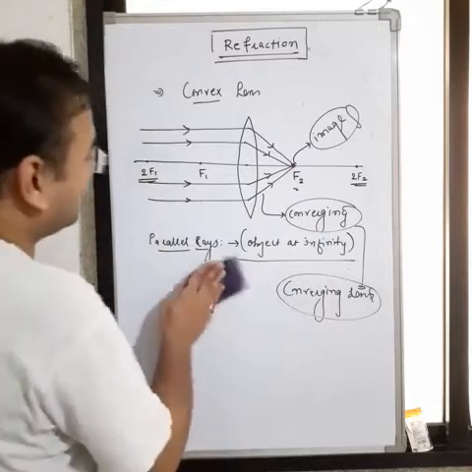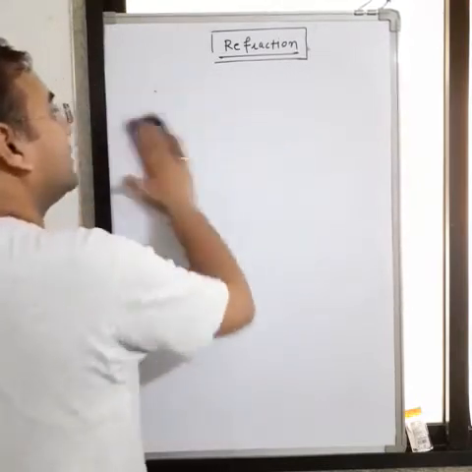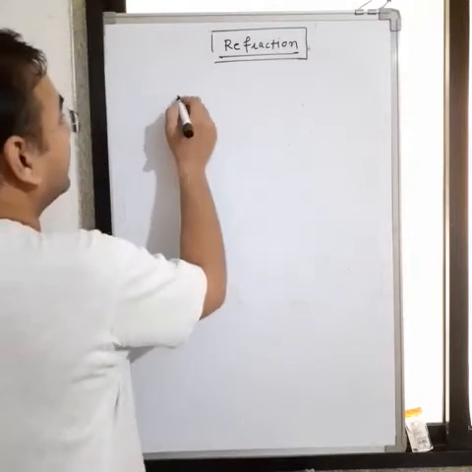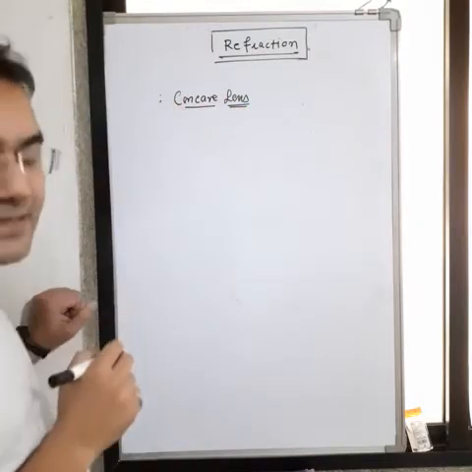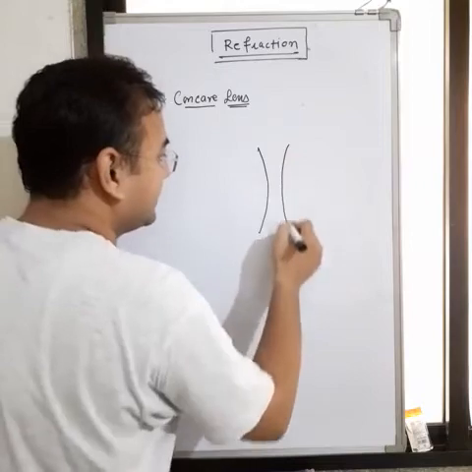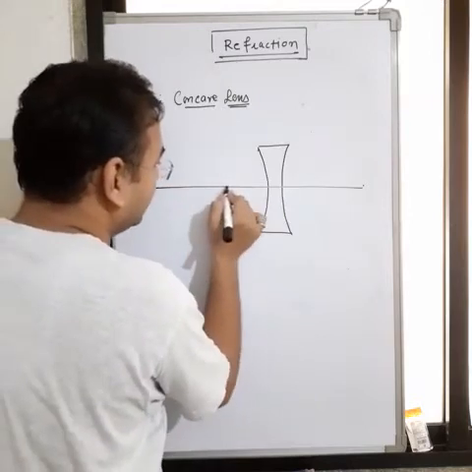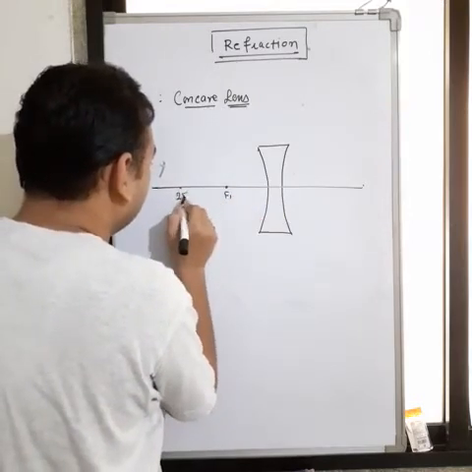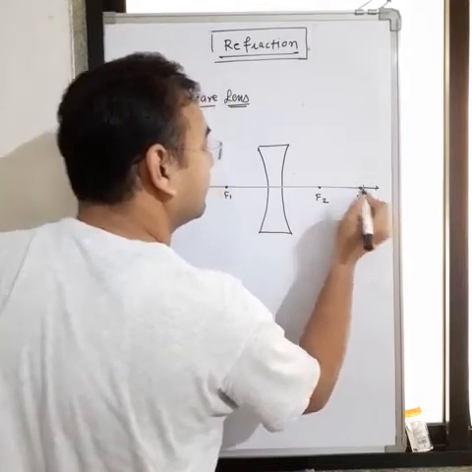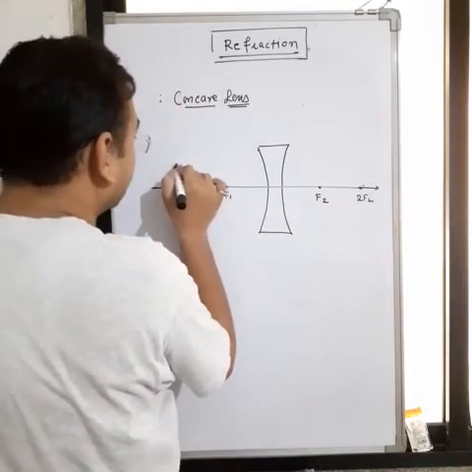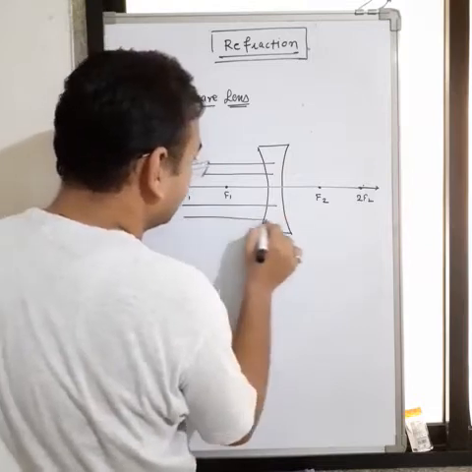Similarly, if we talk about the concave lens, here parallel rays come like this, like this, like this.